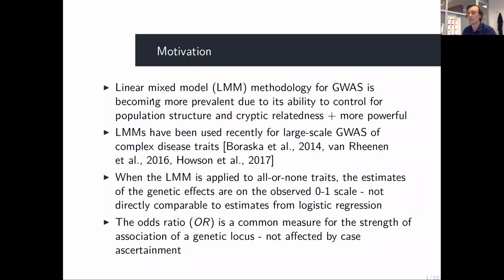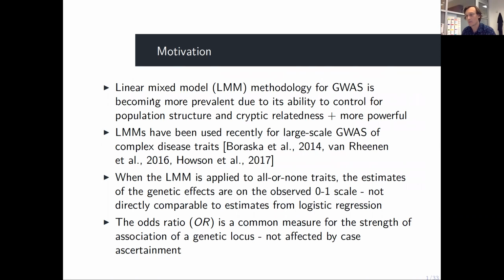So what's the motivation? Linear mixed model methodology is becoming more prevalent for GWAS. The reasons are that it can be used to correct for population structure and cryptic relatedness, and has been shown in many papers to be more powerful.